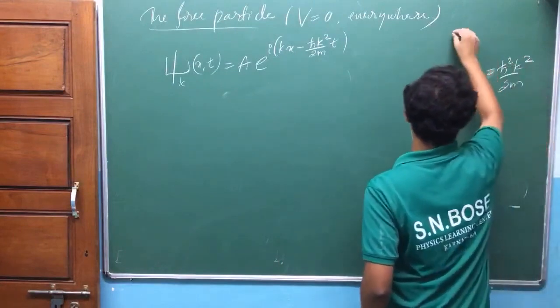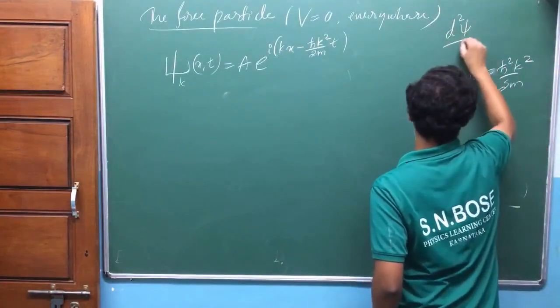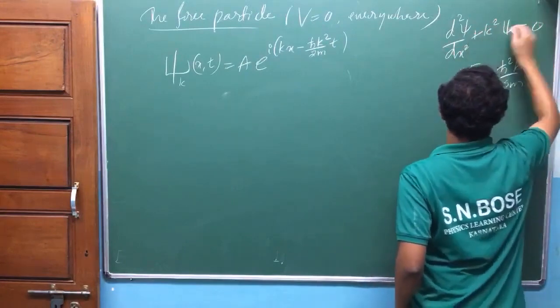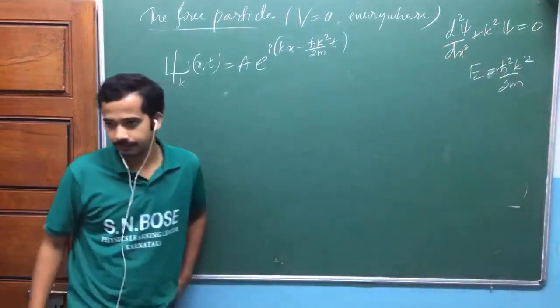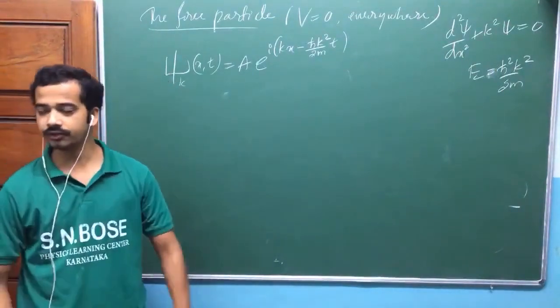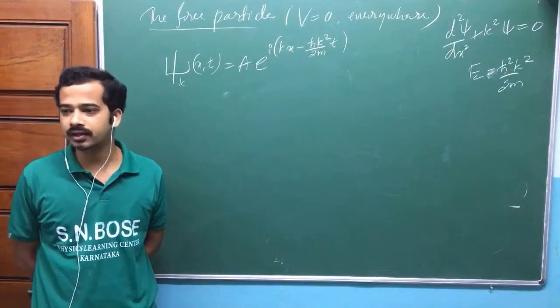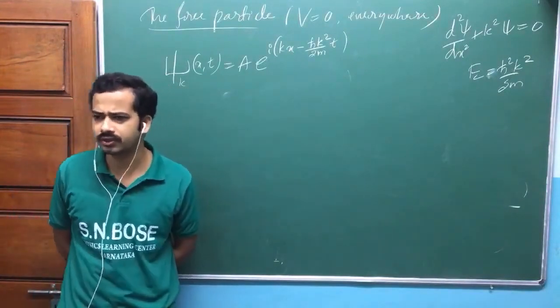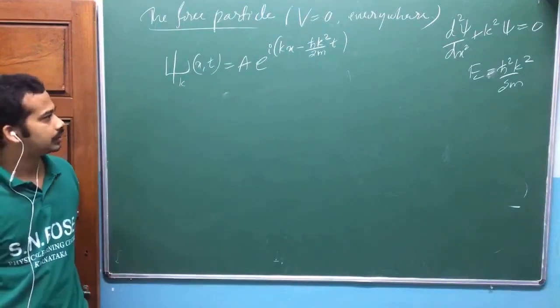We write the Schrodinger equation as d square psi by dx square plus k square psi equal to 0, and then define energy like this, and nowhere do we get any restriction to energy. Energy can be anything here.